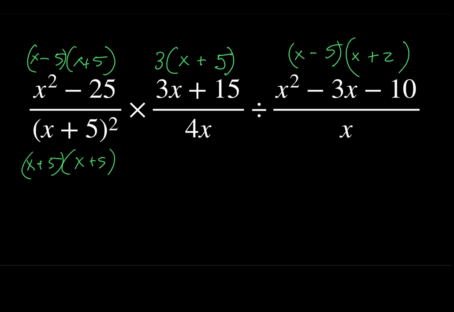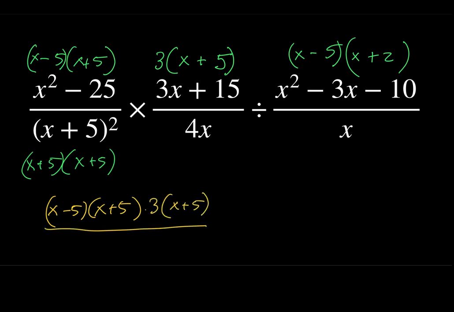So now I'm going to rewrite everything here. (x - 5)(x + 5). That's better. It's multiplying, which means when you're multiplying fractions, I can just keep multiplying across. So times 3 times (x + 5). I'm going to pause for a second and not write anything else on the top.